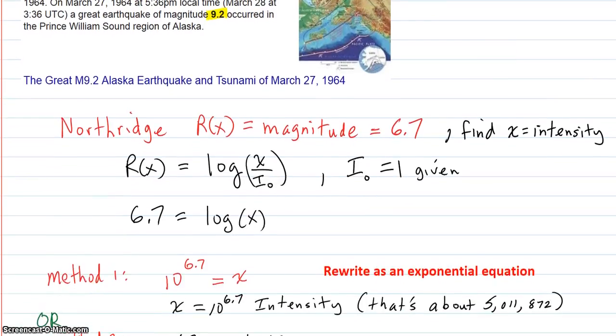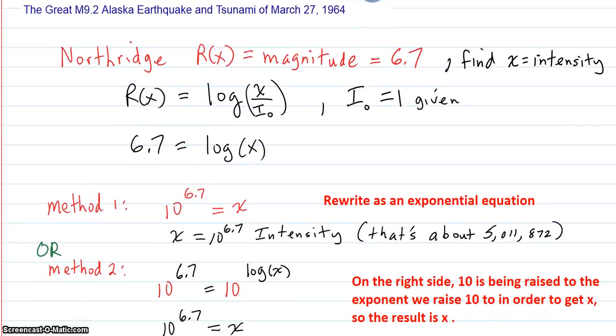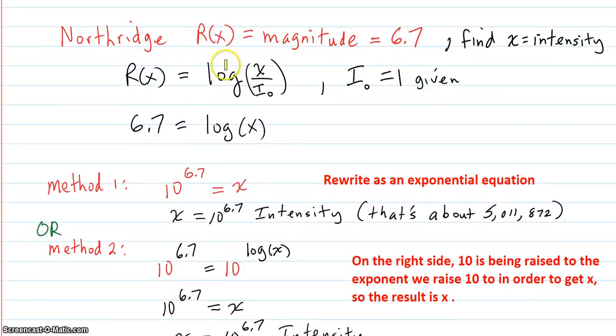So let's see what we have here. Considering the Northridge earthquake, R of x gives you the magnitude, and x is the intensity. That's what we're trying to find. So for the Northridge quake, the magnitude was 6.7. We're trying to find the x intensity.